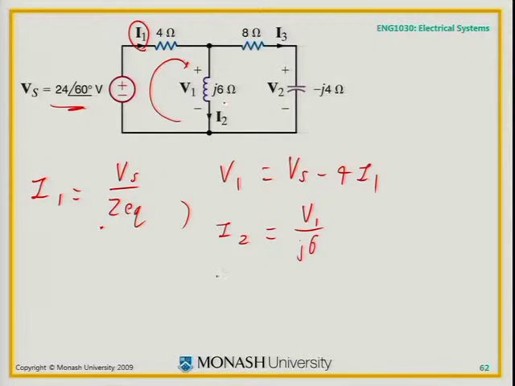What would be I3 in terms of some of the things we've already found? What about Kirchhoff's current law at the top node? I1 minus I2. Excellent. And what about V2? Voltage across that? I3 times minus J4.